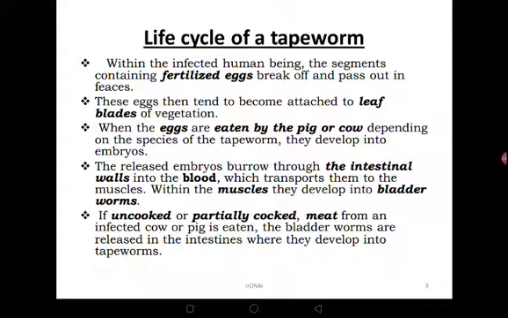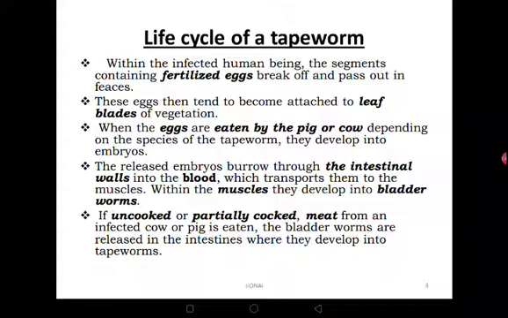Then from these animals, these eggs develop into embryos. And these embryos pass through their intestinal walls into their blood system, from which the blood transports them into the muscles, where they finally attach.